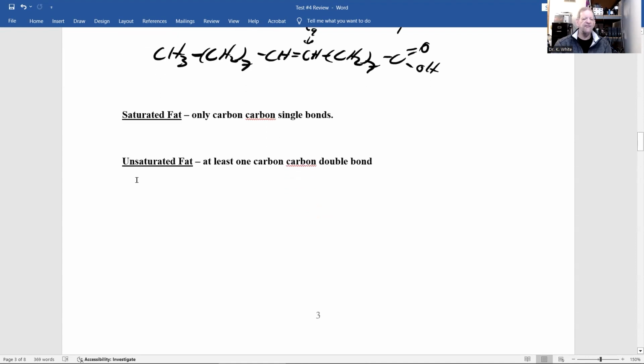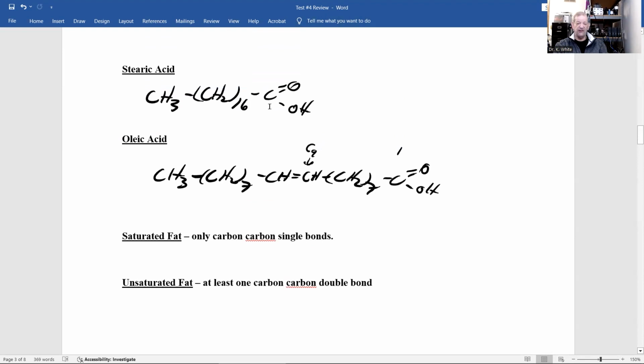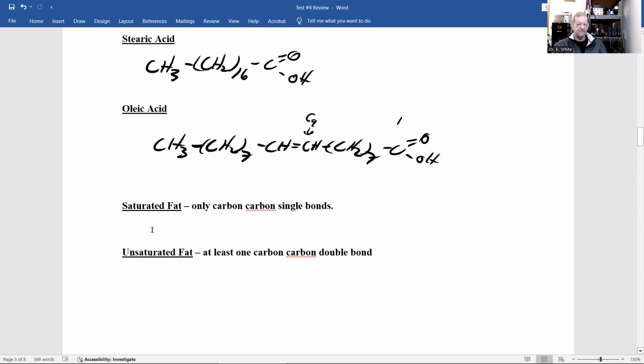Now, when it comes to fats, there's two types: saturated fat and unsaturated fat. And saturated fat, you should know, only has carbon-carbon single bonds. Both have a carbonyl, which is a carbon-oxygen double bond, but as in stearic acid, which is a saturated fatty acid used to make saturated fats, there's only carbon-carbon single bond.